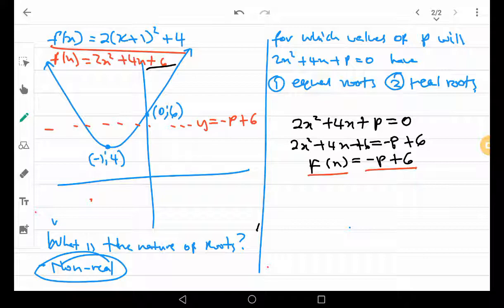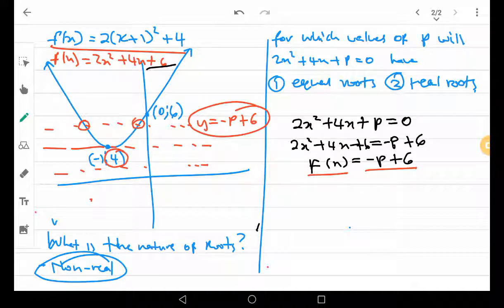If this line cuts the graph twice, we have 2 roots. If it touches exactly on the turning point, it is 1 root. If it doesn't cut the graph, the roots are non-real. So we check the y value of the turning point, because we change our y value. Equal roots must be exactly on the turning point.